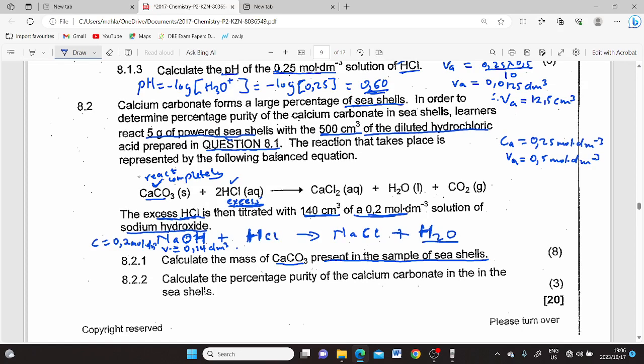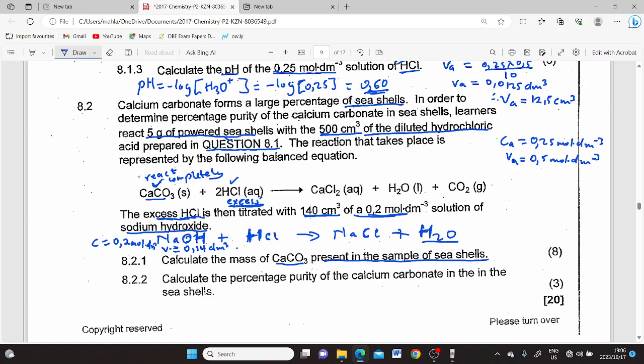It's kind of a neutral solution here. So that's when things are reacting.